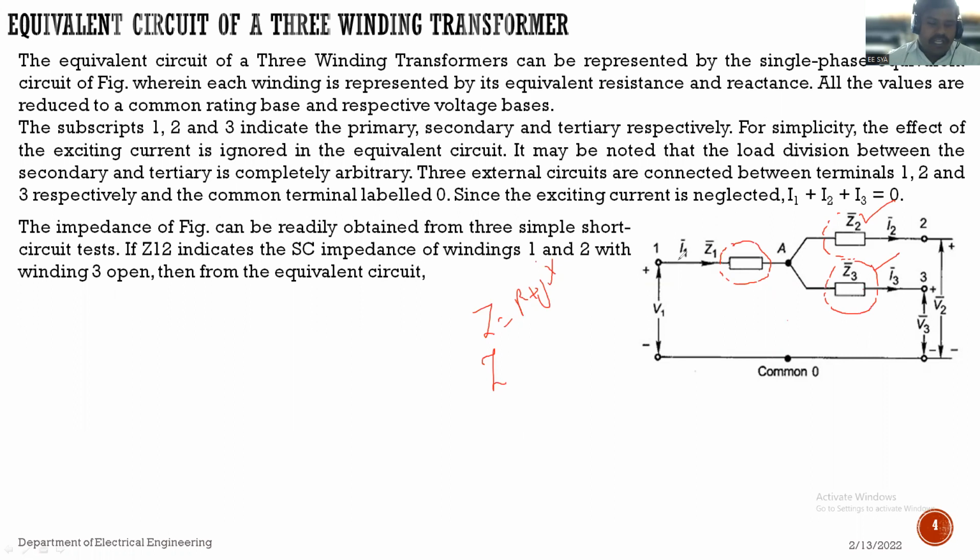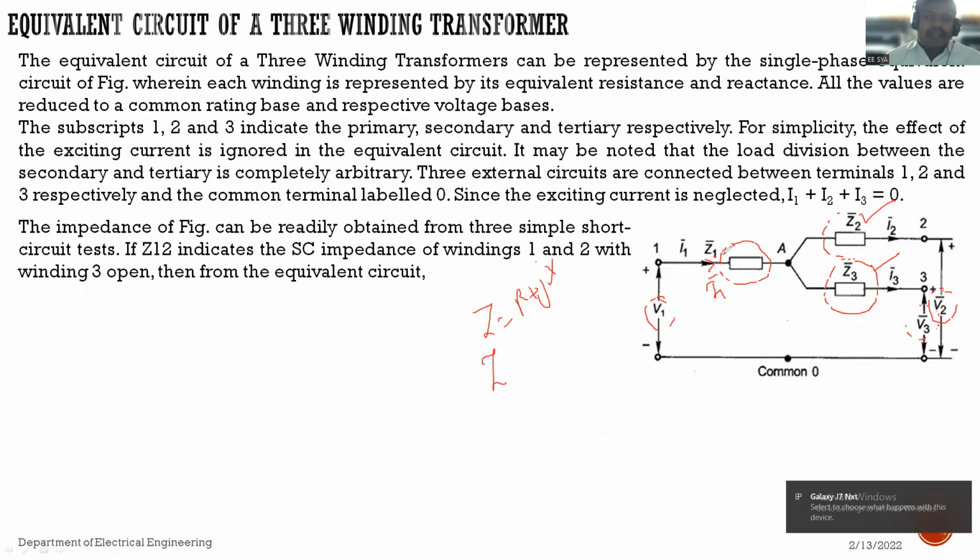Again, voltage V1 is nothing but the primary winding voltage, voltage V2 is the secondary winding voltage, and voltage V3 is the tertiary winding voltage. And one common point is given here. Similarly, we have represented the currents: the current flowing from the primary winding is I1. All these terms are taken as vectors, considering magnitude as well as direction.